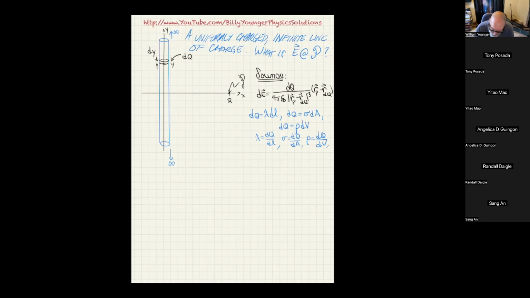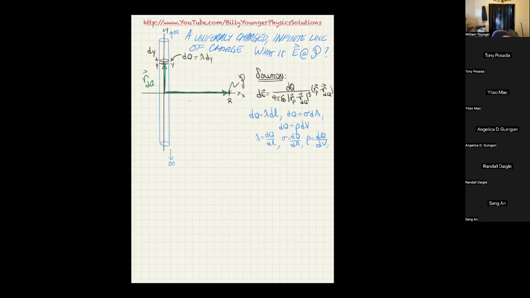So the distance between the origin and the bottom of that little piece is y. So I'm going to say dq is equal to lambda dy. So now I've got dq calculated. I'm also going to use my green vector to illustrate where r dq is. So that's r dq. And I'm going to use my green vector to illustrate where rP is.